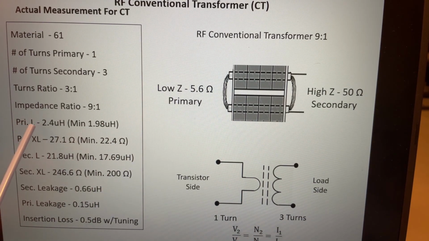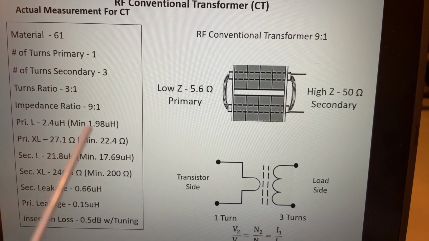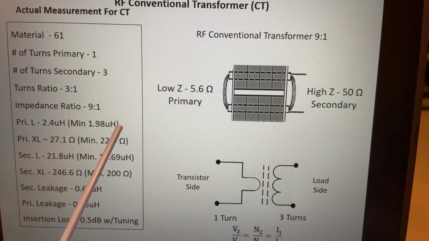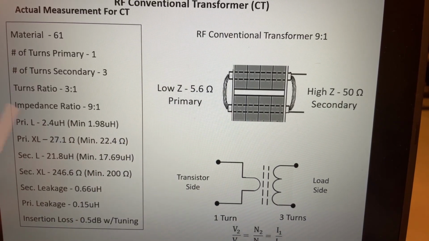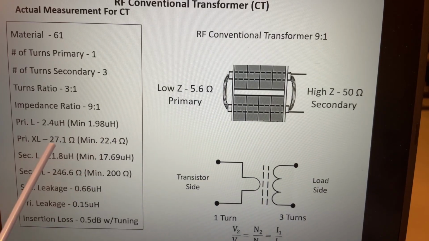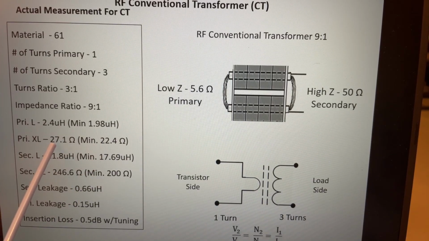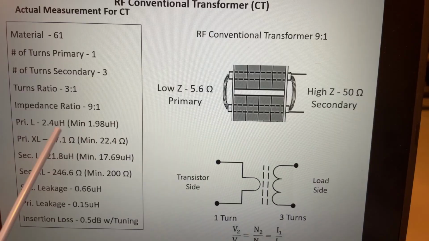We calculated what the minimum inductance should be, 1.98 microhenries. The measured inductance was 2.4, on the primary side. The primary impedance in ohms, the minimum was 22.4, and we came out with 27.1. So we meet that requirement, and then remember it's 4 times the load.